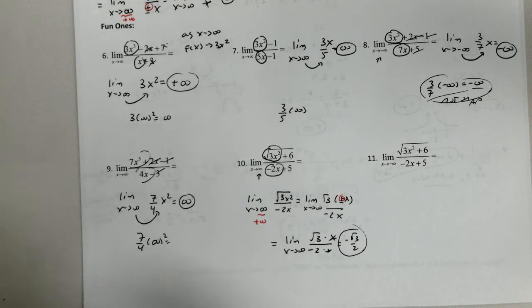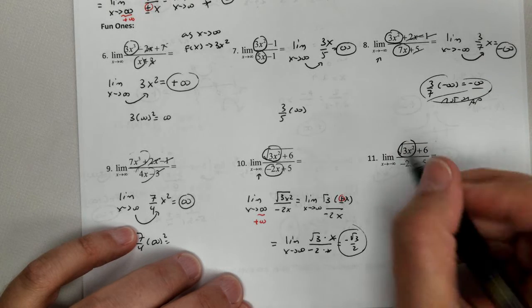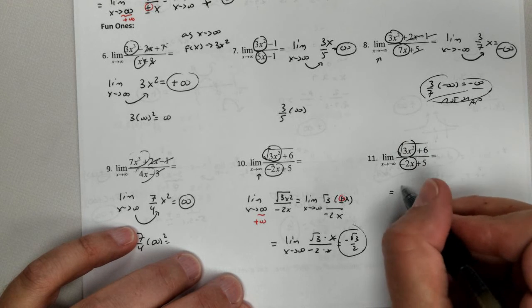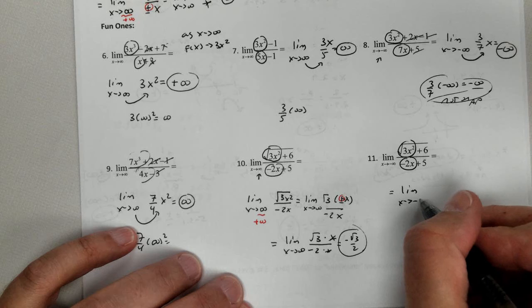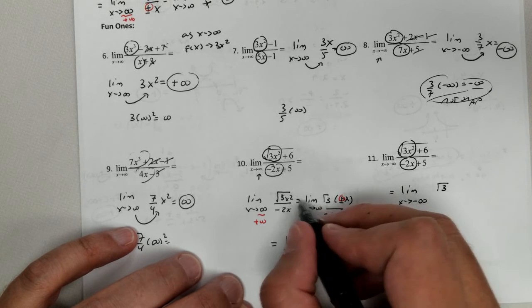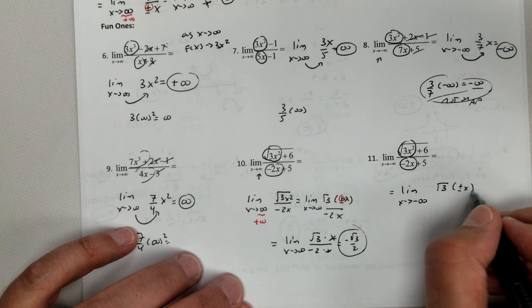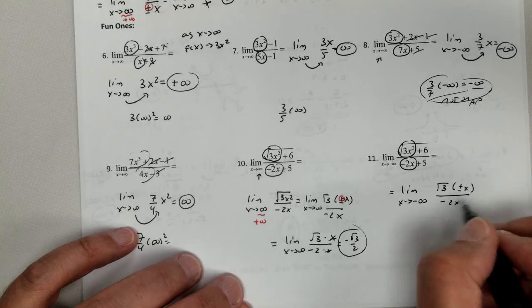And real quickly, try number 11. Take a pause and try number 11. We want that. We want that. We get the limit as x goes to negative infinity, the square root of 3. We already don't reinvent the wheel here. This is just the square root of 3 times plus or minus x all over negative 2x.